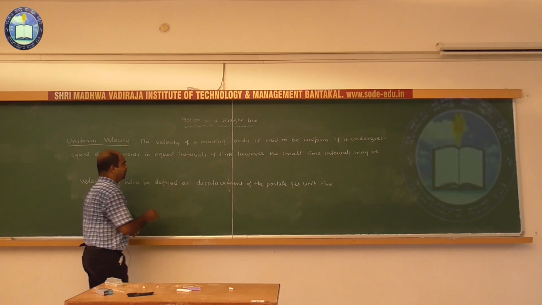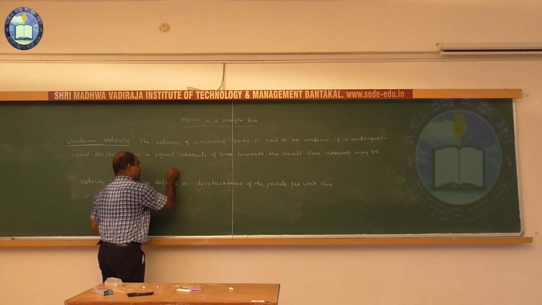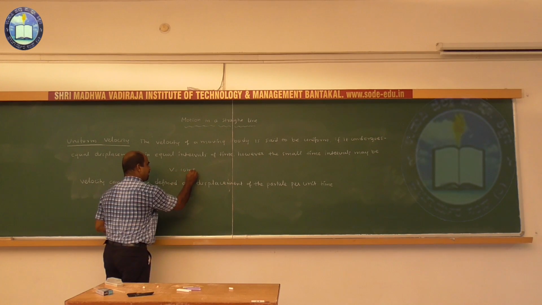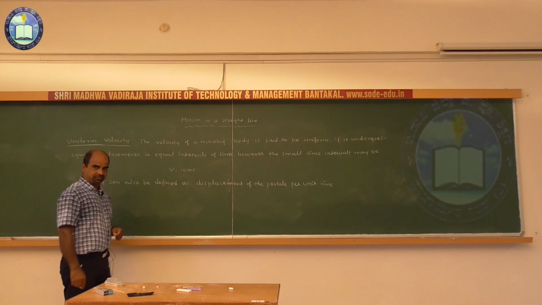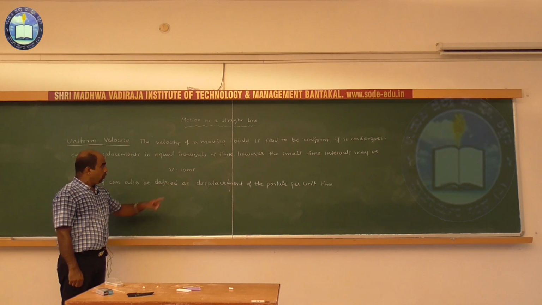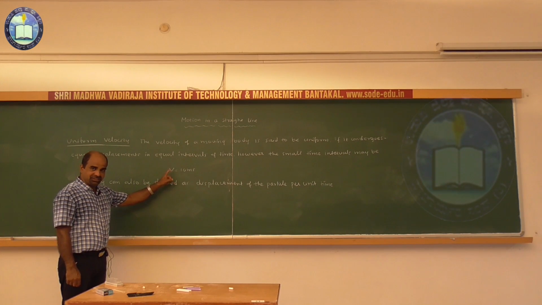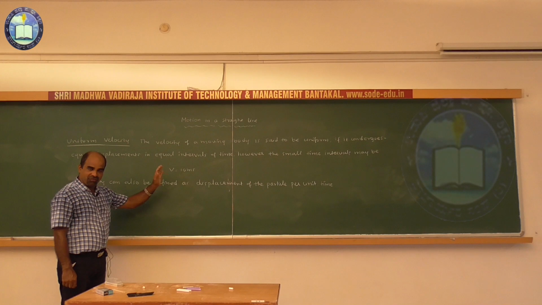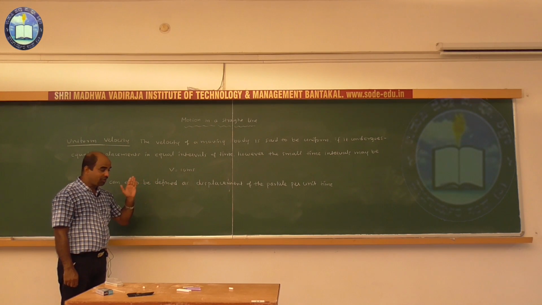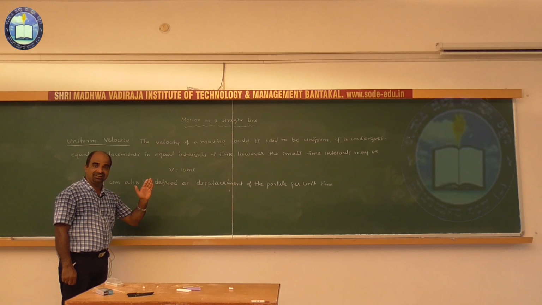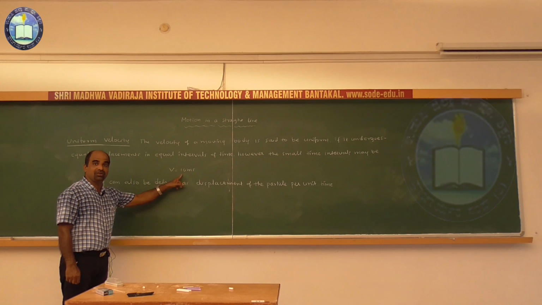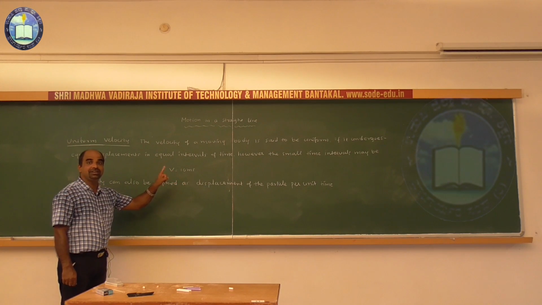For example, the velocity of the body is 10 meters per second for time 10 seconds. Try to understand. What is the meaning of this? For an interval of 10 seconds, it covers a displacement of 10 meters in each 1 second.